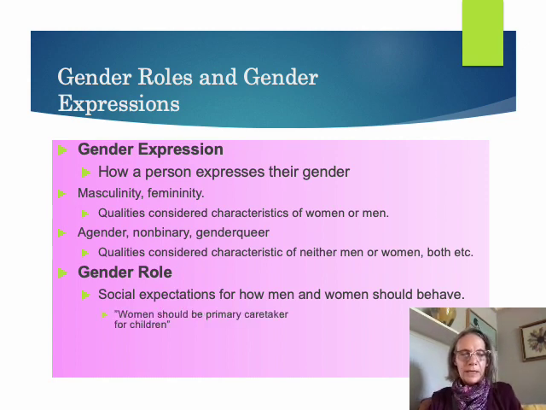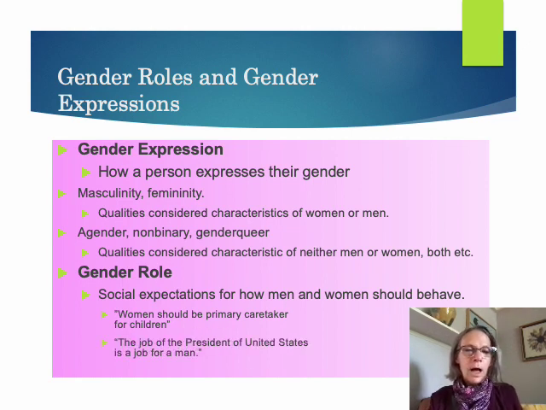But just keeping it to the gender roles of women and the gender roles of men, here are some examples of the social expectations: that women should be the primary caretaker of children, and that the president of the United States is a job that should be a man's job, right? And so that's the social expectation that's placed upon that.